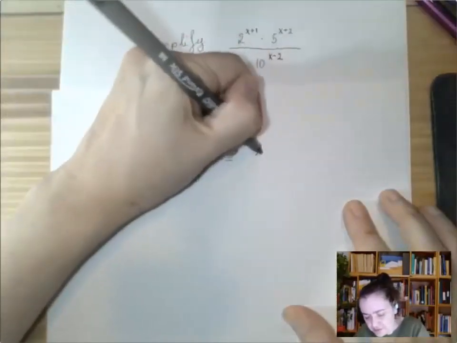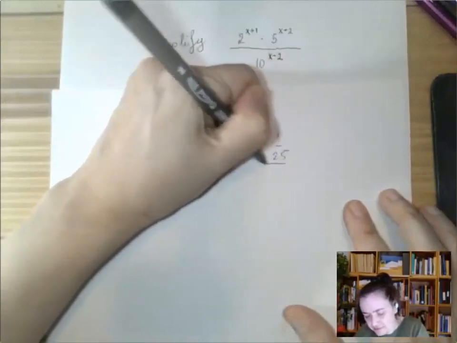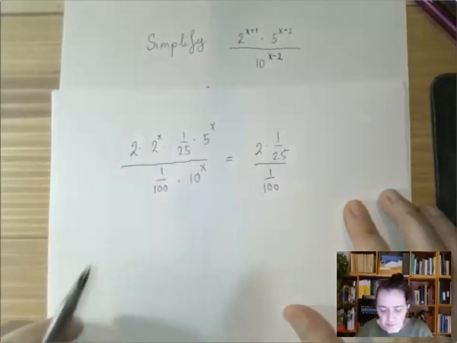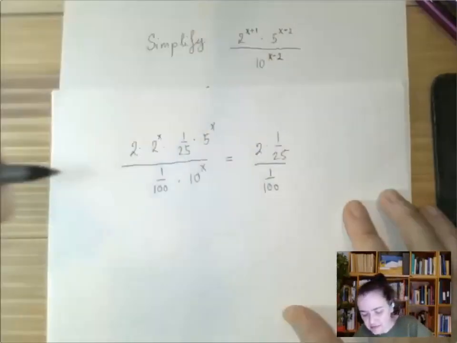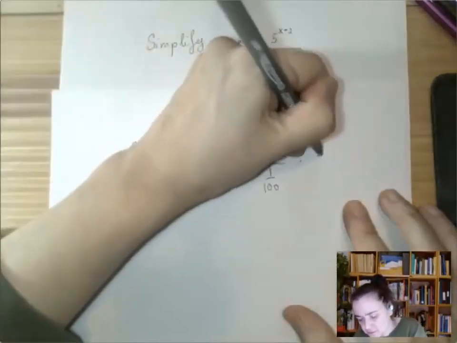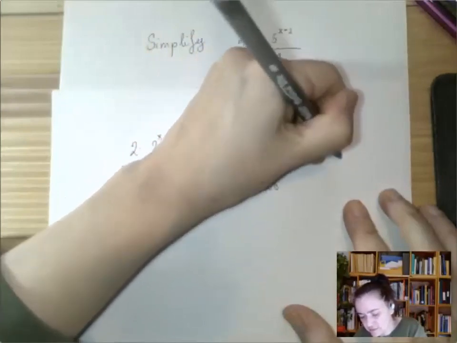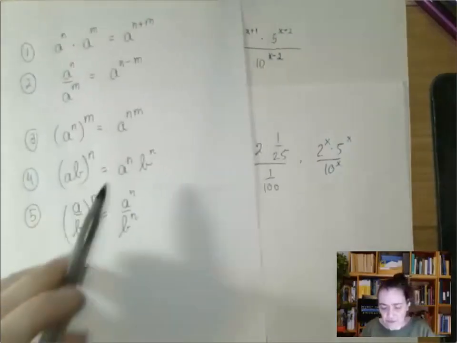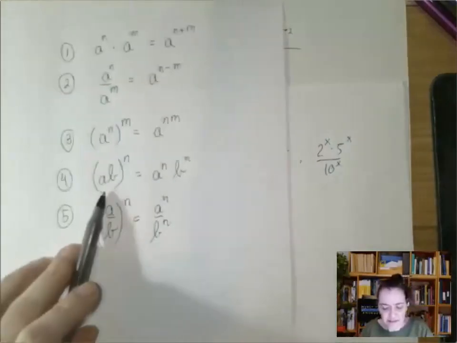We have 2 times 1 over 25 divided by 1 over 100, the numbers, and then the expressions with x in them is 2 to the x times 5 to the x over 10 to the x. And 2 to the x times 5 to the x is 10 to the x.